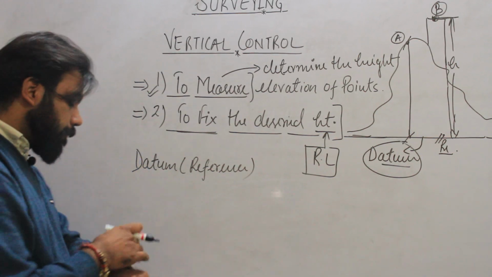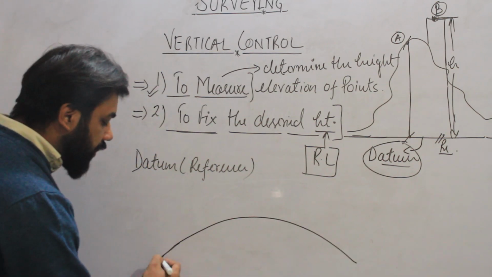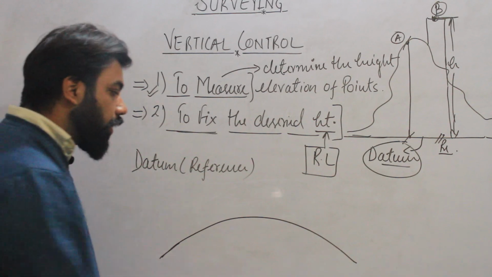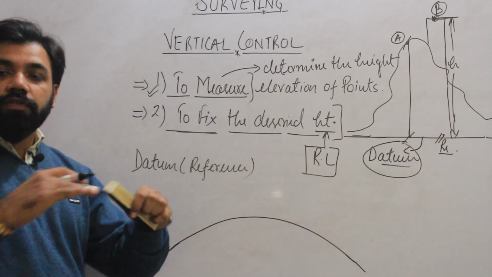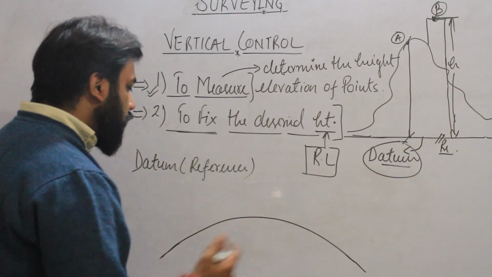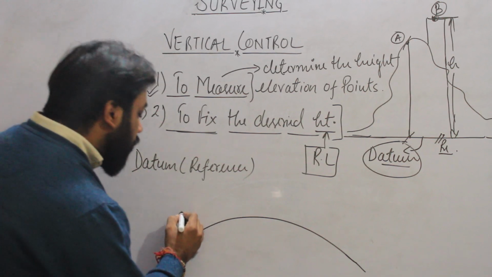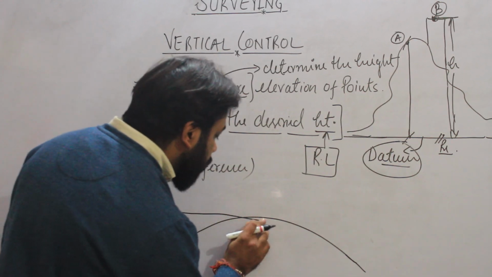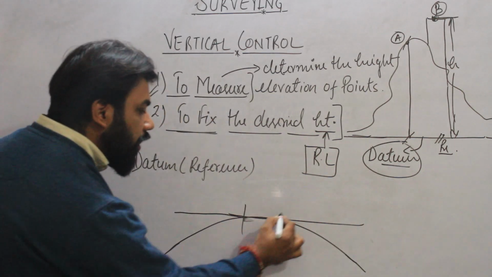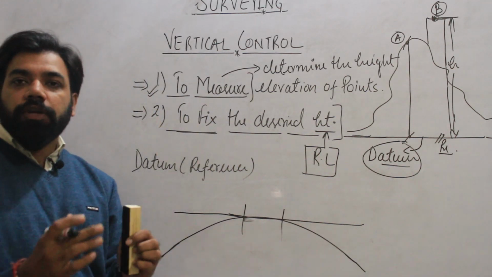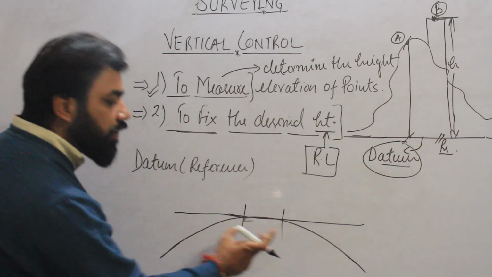Now see, for the big area, suppose this is the curvature of the earth, or this is the surface of the earth. Suppose we are dealing with a larger area. If we are taking a short area, suppose we are taking this area, for this particular area we can take our reference or datum as a straight line.